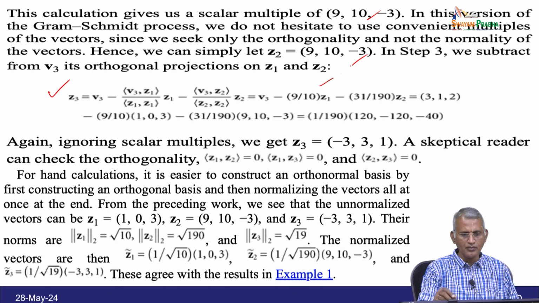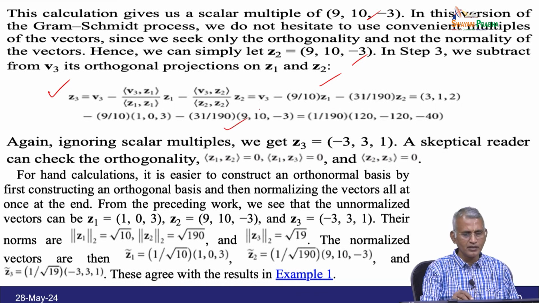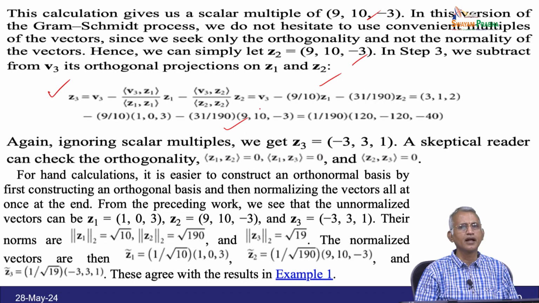So, the value becomes (3, 1, 2) minus 9 by 10 times (1, 0, 3) minus 31 by 190 times (9, 10, minus 3), which is 1 by 190 times (minus 120, 360, 120)... again ignoring the scalar multiples, we get Z3 equal to (minus 3, 3, 1).